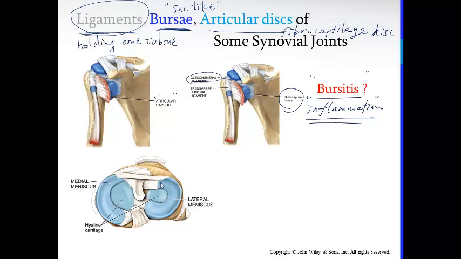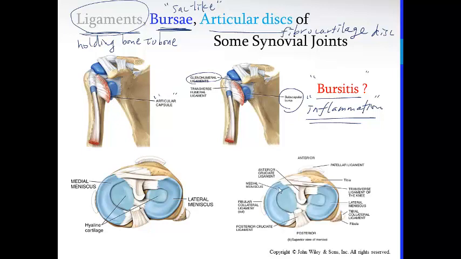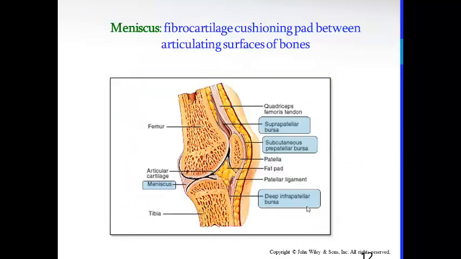A good example is on our knees, where we can see the lateral meniscus and the medial meniscus. They serve as padding to also reduce friction. You can see it a little better here, oriented from anterior versus posterior. All of these other structures help regions of our synovial joints reduce friction and allow things to move.